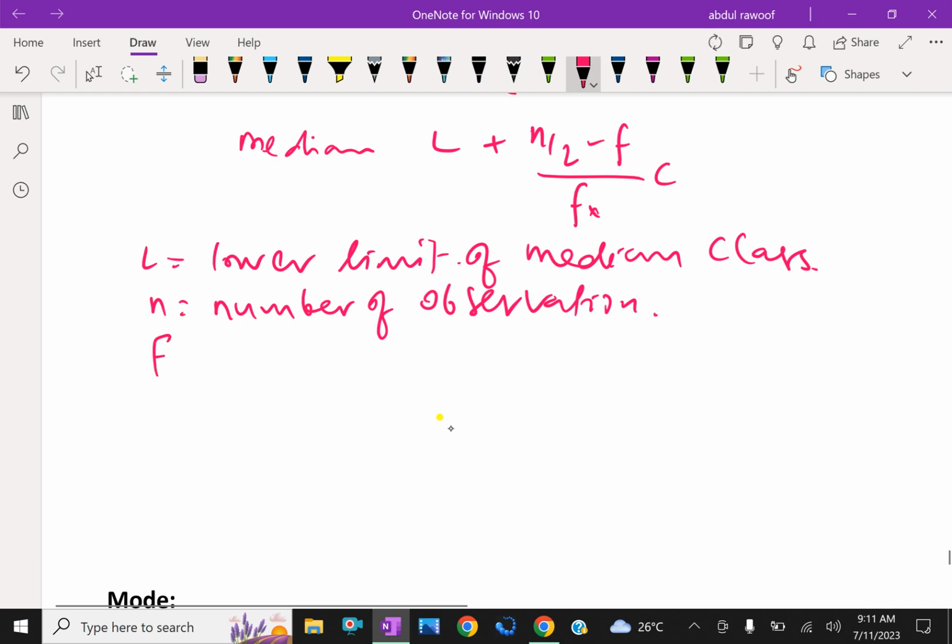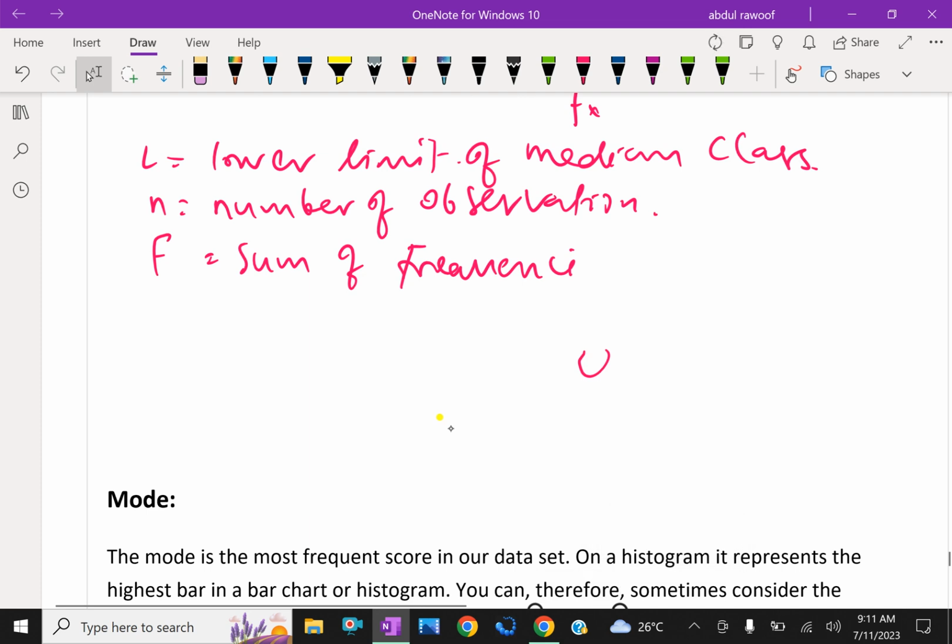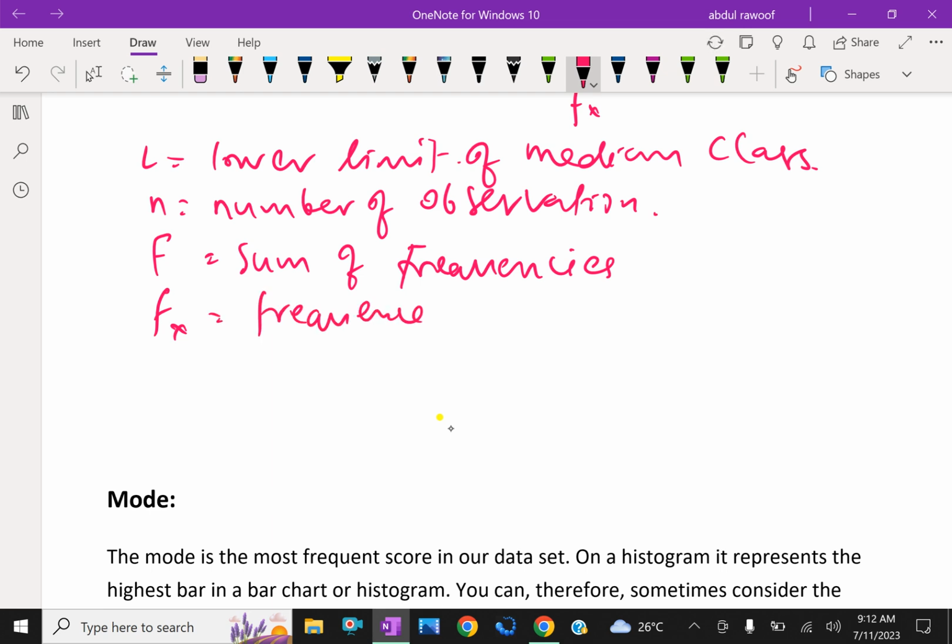F equals the sum of the frequencies up to but not including the median class. Fx equals the frequency of the median class.